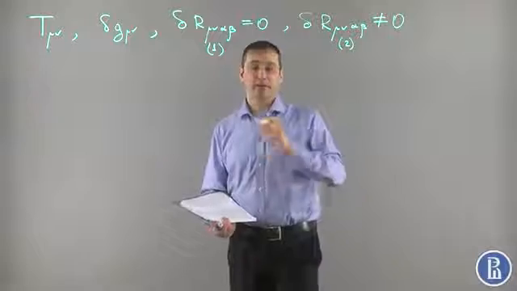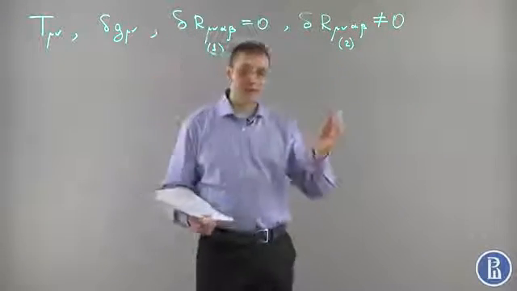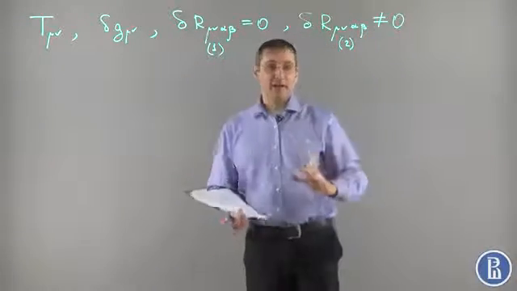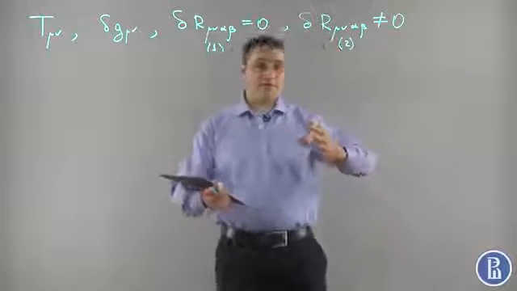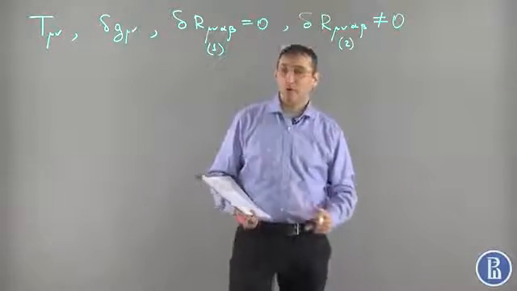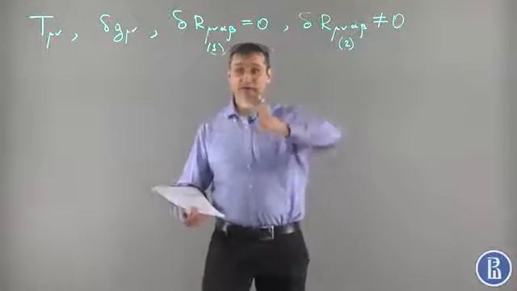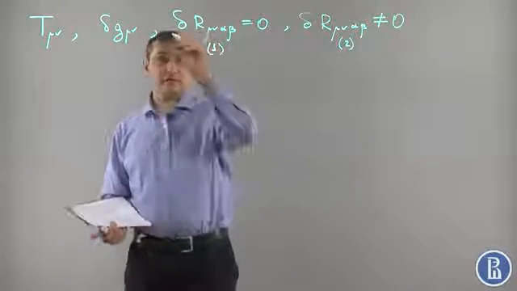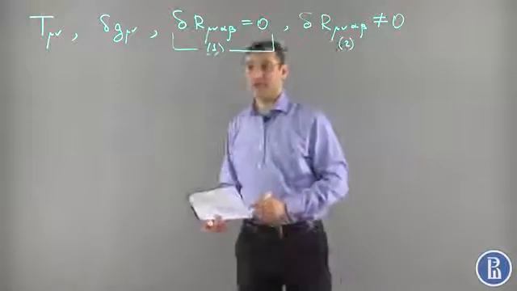These variations are physical, those are unphysical. Why physical, why unphysical? Physical means that these variations of the metric change the space-time itself. They curve it, change the curvature, change the distances between different points in space-time. While the other variation just corresponds to the change of the reference frames, of the coordinate nets in the space-time. So this variation is unphysical. It doesn't change the space-time. It just corresponds to unphysical changes.